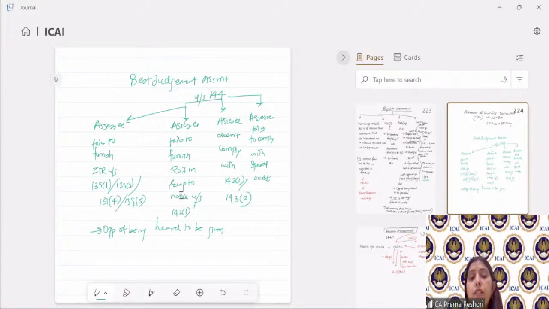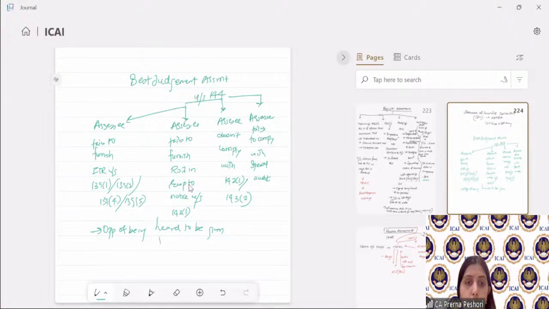Now, if the best judgment assessment is being carried out, where the assessee fails to comply with 143.2, with 142.1, or for the special audit, the NFAC will serve a notice under 144, giving the assessee an opportunity of being heard by issuing a show cause notice as to why the best judgment assessment should not be done.